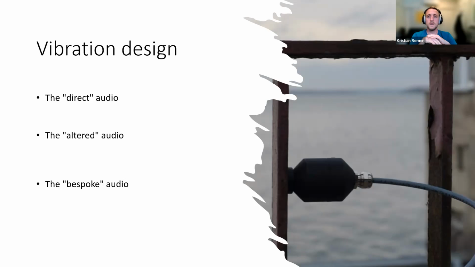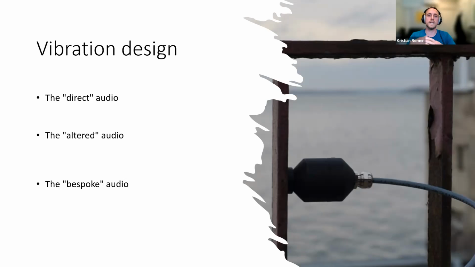Then we have the altered way. Imagine that it's not only an explosion, but maybe it's a torpedo hitting the side of a submarine. You have this huge impact sound, and then you have the hull of the ship breaking open and water going into the ship. So maybe it's not ideal that all of these different parts of the sound are mapped to the vibrations.